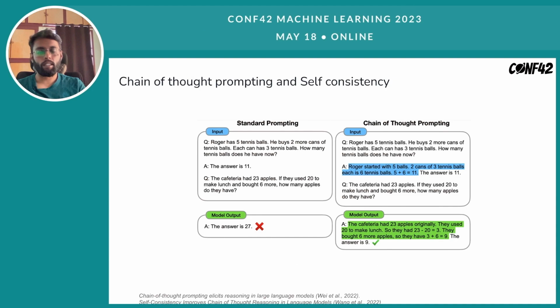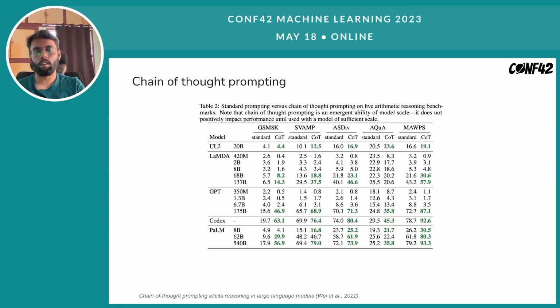So for the new question that the model sees, here the cafeteria example, the model would come up with a similar chain of steps, and then it would generate an answer from this.